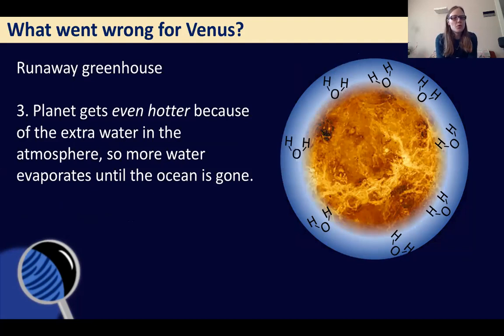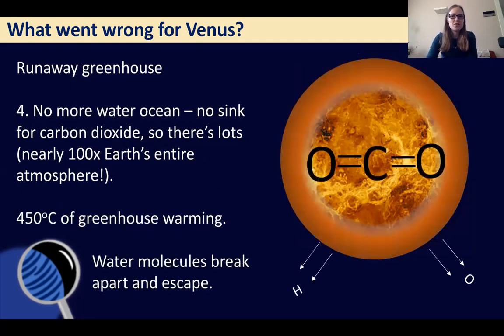Then what happens? You've got a lot of water vapor in your atmosphere that's now got pretty hot, and water vapor doesn't like it when it gets too hot. In fact, it starts to dissociate. So there's now no more water ocean that's stopping the carbon dioxide from getting into the atmosphere. So the water molecules get hot, they break apart, and they escape as hydrogen and oxygen atoms away from the top of the atmosphere.